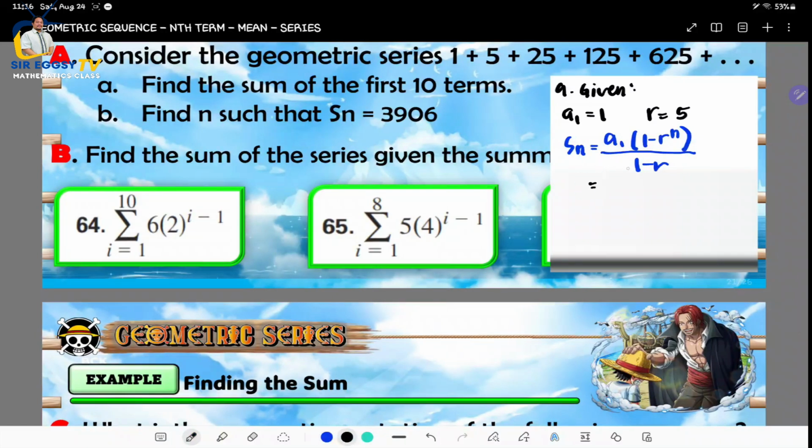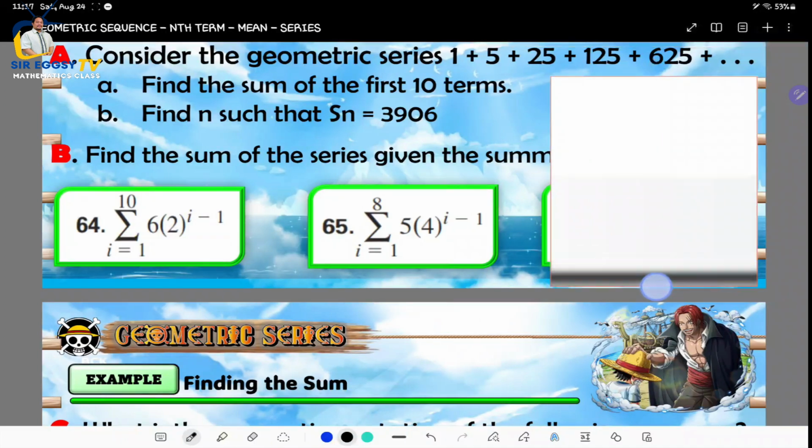By substitution, you will have a sub 1, which is 1, times 1 minus r, which is 5, raised to n, which in this case, what is our n? 10. We are only looking for S sub 10. All over 1 minus r.